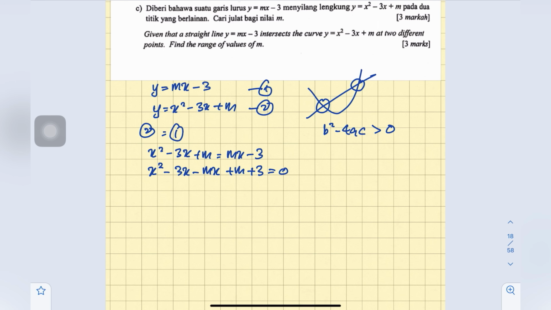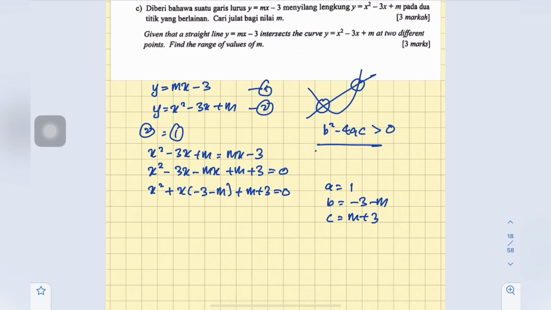Okay, so we can identify here: x squared plus (negative 3 minus m)x plus (m plus 3) equals 0. So a is 1, b is negative 3 minus m, c is m plus 3. So b squared minus 4ac more than 0 because it intersects at two different points.